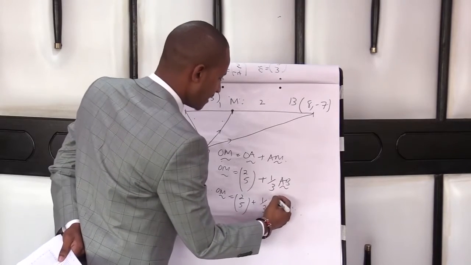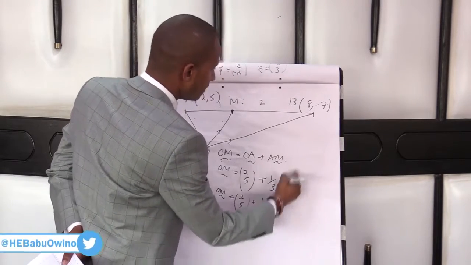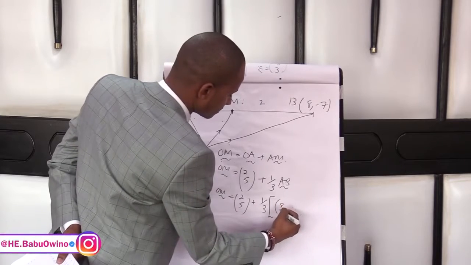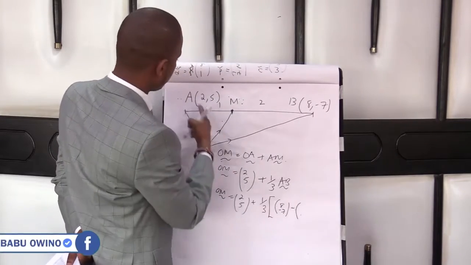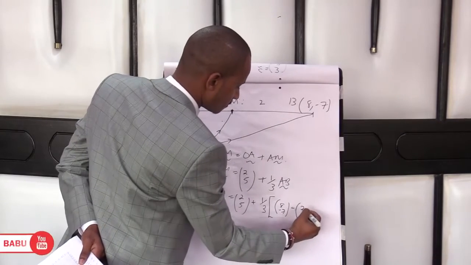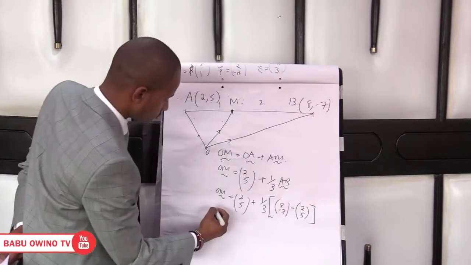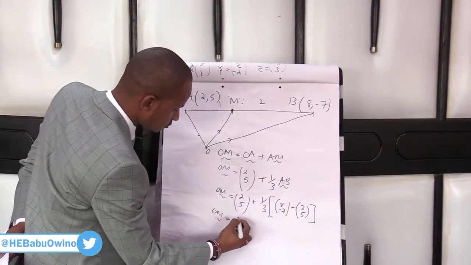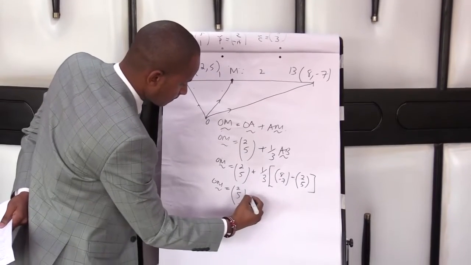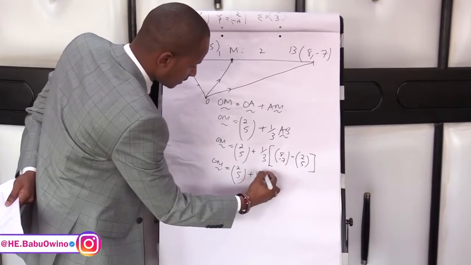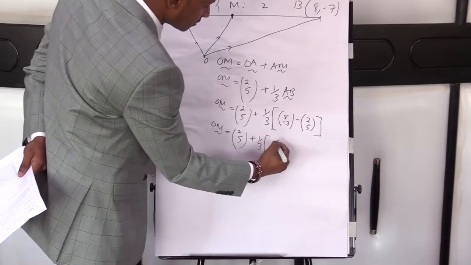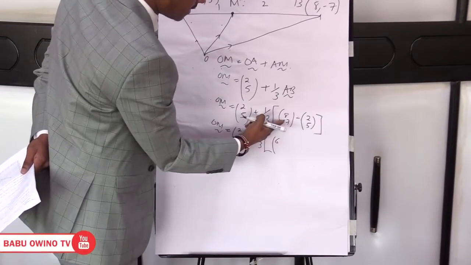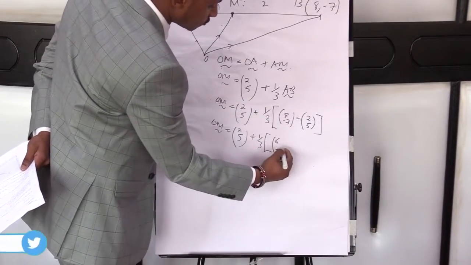AB means B minus A, but our B is 8 minus 7, then minus A, our A is 2, 5. So OM equals 2, 5 plus a third into 8 minus 2 is 6, then minus 7 minus 5 is minus 12.